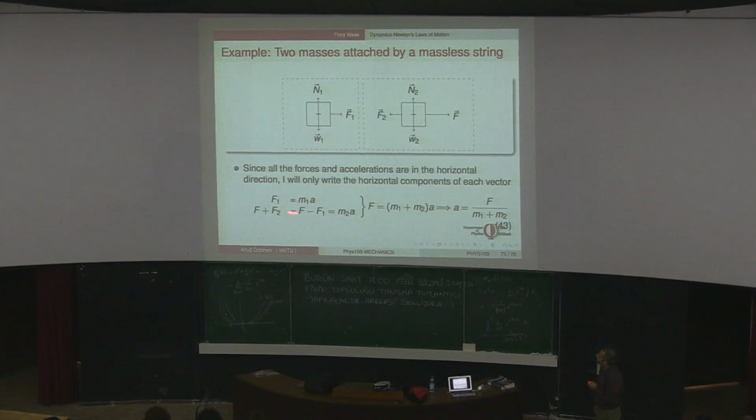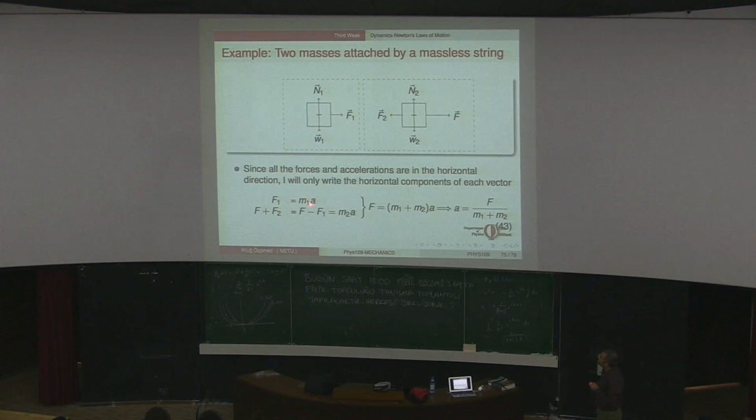In terms of the components, F1 is equal to M1A, F plus the horizontal component of F2, which is minus the horizontal component of F1.